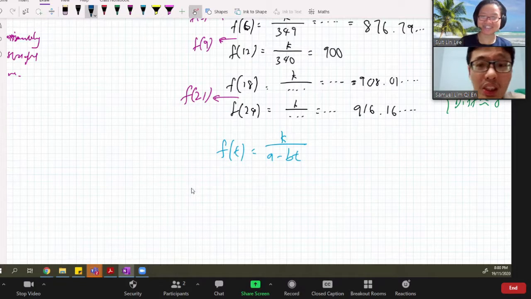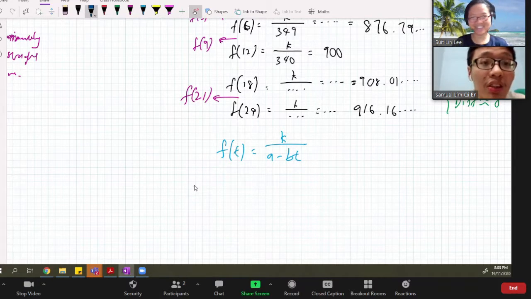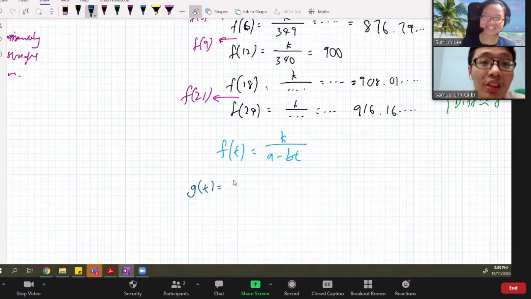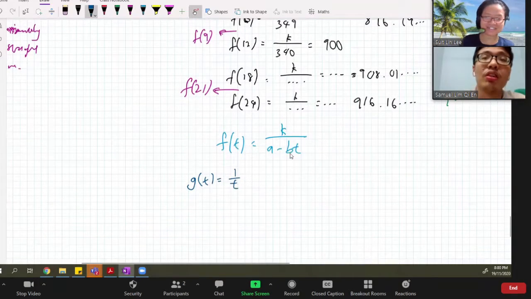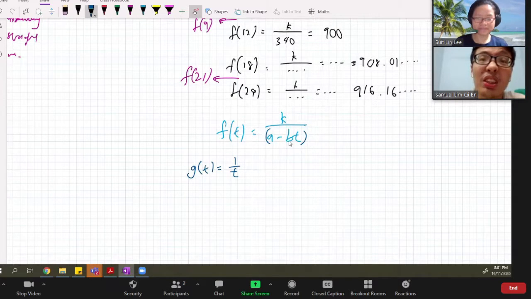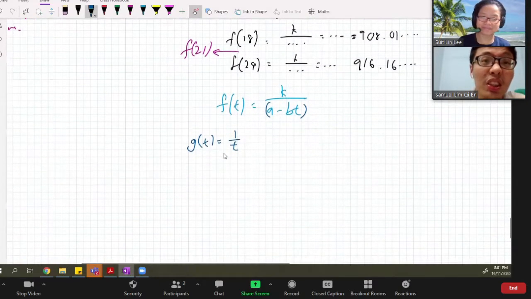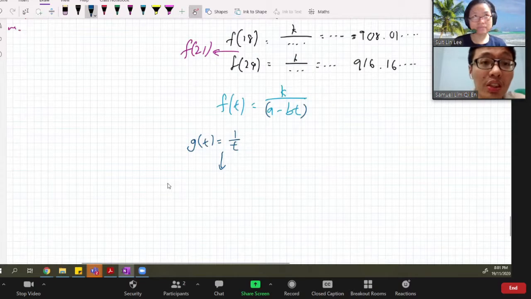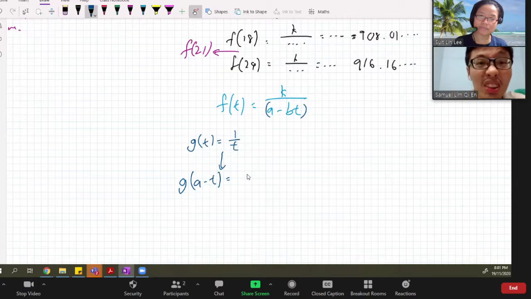Yeah, 1 over t. Let's start with a function called g(t) equals 1 over t. So down here is your horizontal transformation. Let's do another: g(a minus t) will give you 1 over a minus t.